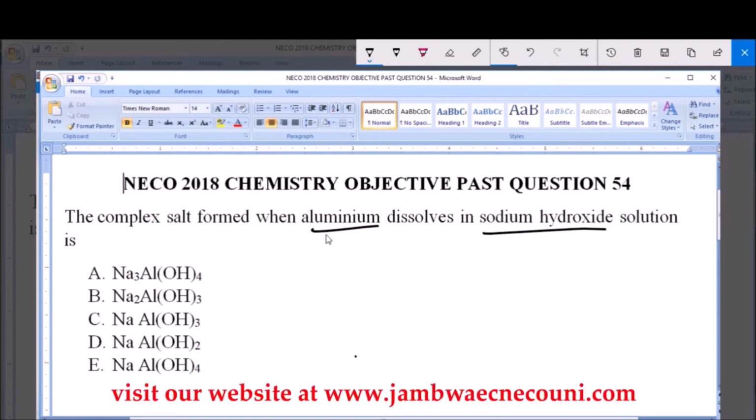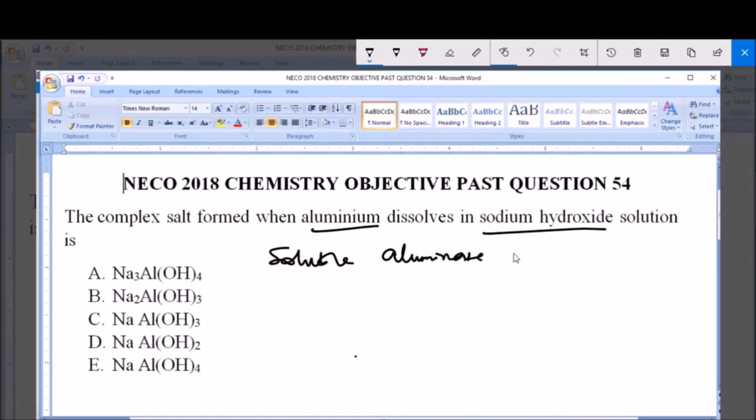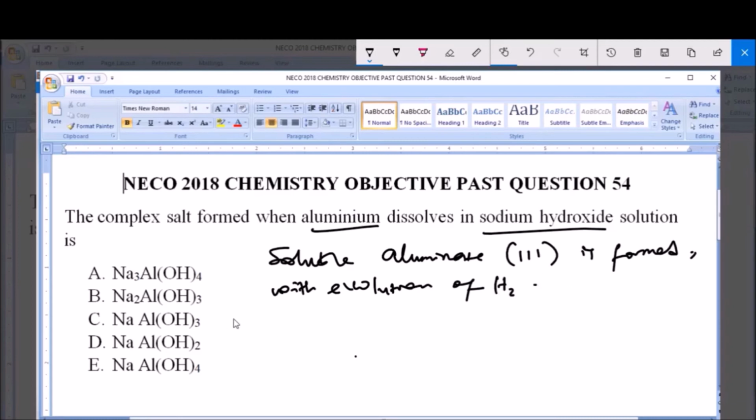Now, when aluminium dissolves in sodium hydroxide, soluble aluminate 3 is formed, and not just that, with evolution of hydrogen gas. Now let me show this with the equation.